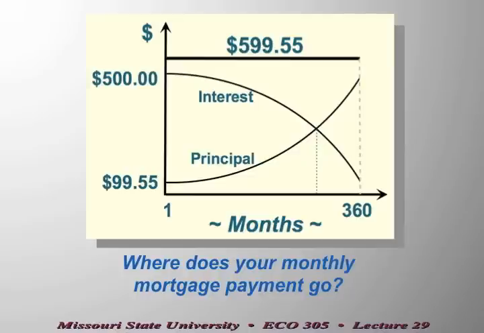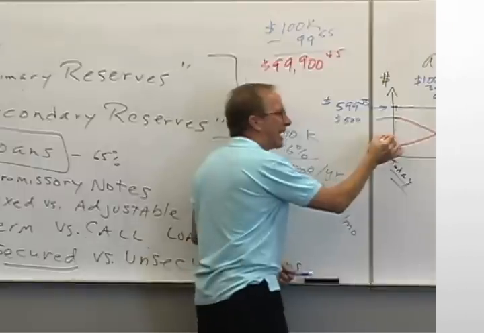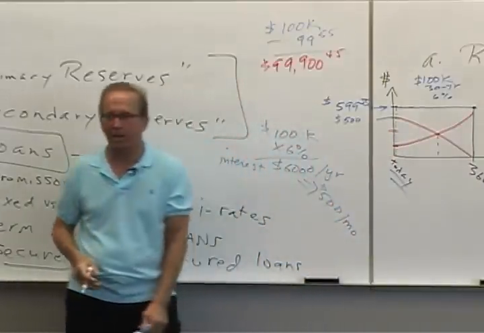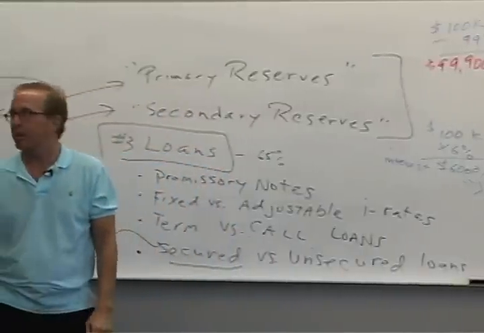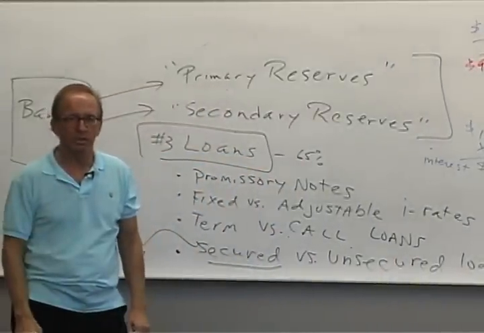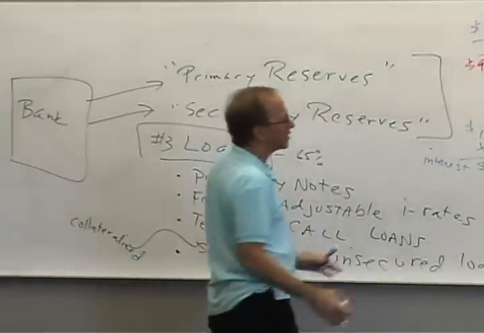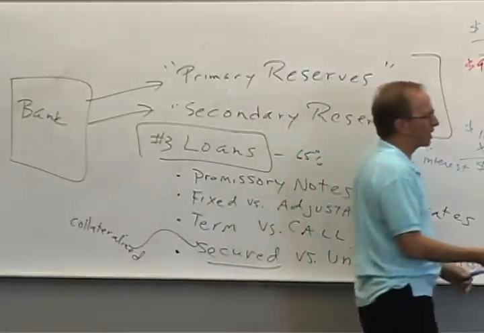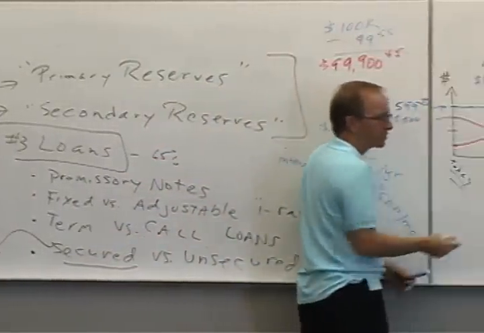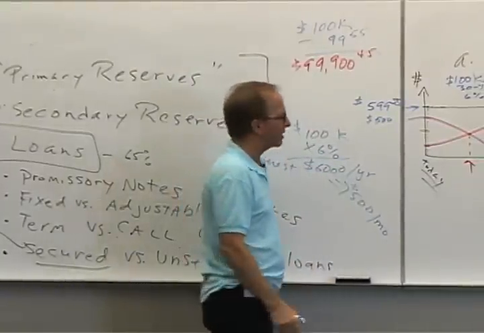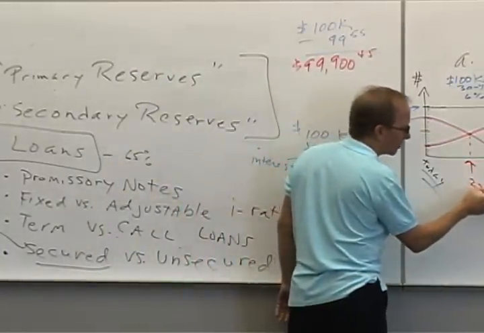Now, what's this point? This is the point out here where half of your house payment goes for paying off the loan and half goes for interest. And it depends on the interest rate that you're paying, but this is occurring someplace, excuse me, out here at, I don't know, 22 years.